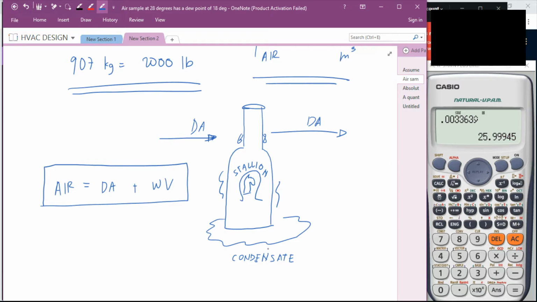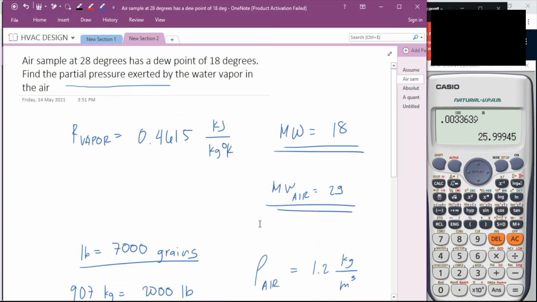Okay? Now, going back to the problem, in order for us to find the partial pressure exerted by water vapor, kunin mo yung pressure dun sa dry bulb mo, saturation, at yung pressure dito sa iyong dew point, saturation. Ang hinahanap is the partial pressure exerted by the water vapor. Oh, ano ba yung makukuha mo dito sa dew point?